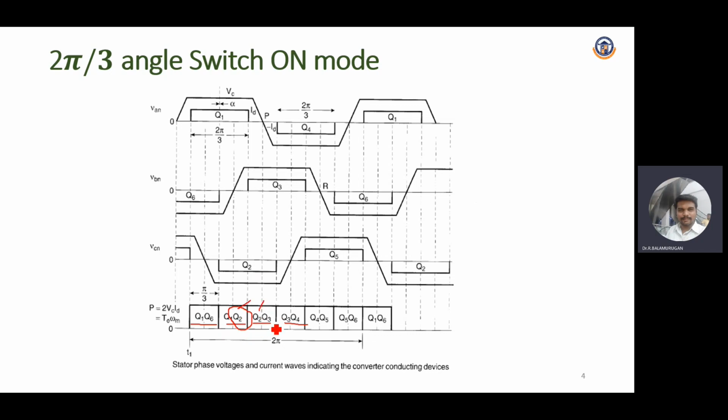In the third interval Q2 will be turned off and Q4 will be given the firing sequence. Likewise, the sequence of conducting switches will go on for every cycle at an interval of pi by 3. So let's see the second mode of operation.